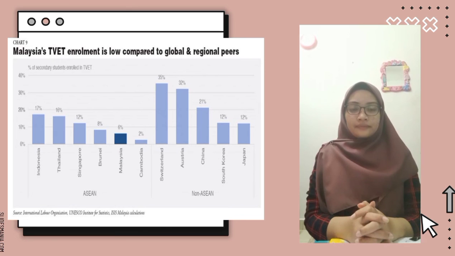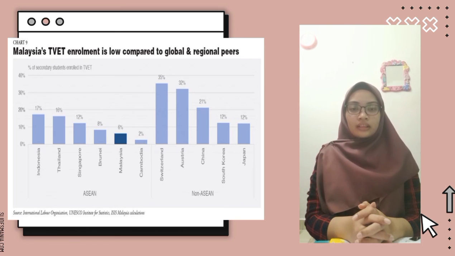Last one, chart 9, shows that Malaysia is low compared to global and regional peers. As you can see in the chart, Malaysia has the lowest bar with 6% compared to other countries.